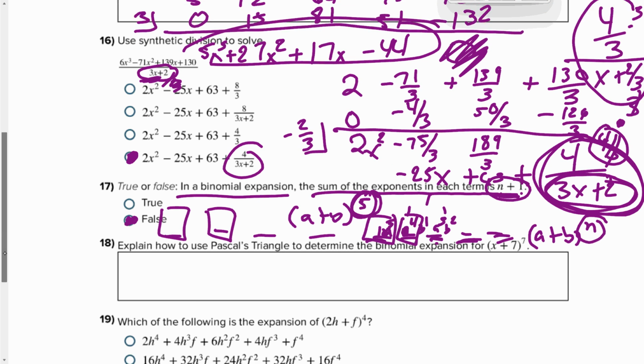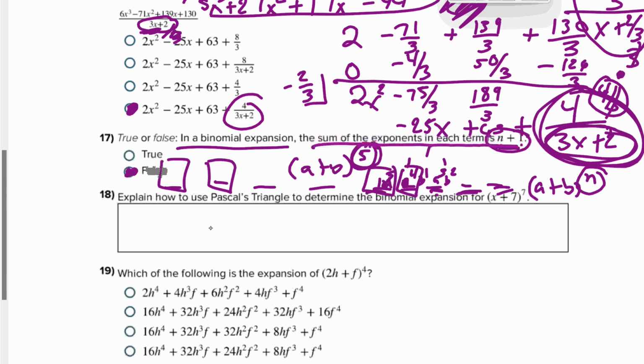Okay, explain Pascal's triangle and the expansion of this, right? You would start with 1 at the top, and you would go down on the sides, expanding 1 each time, all the way down, because that's a power of n.